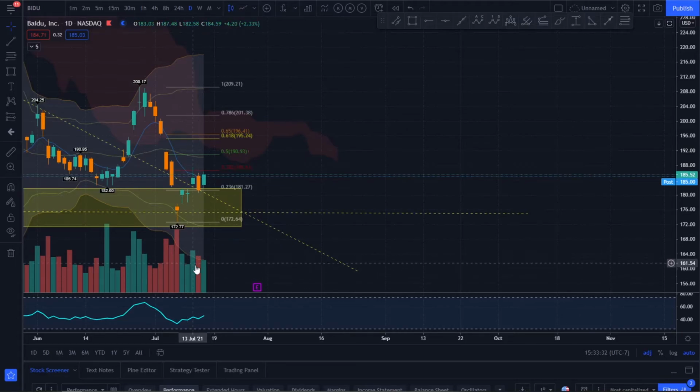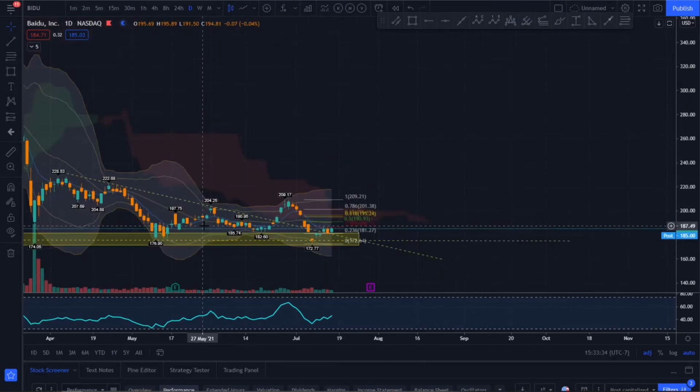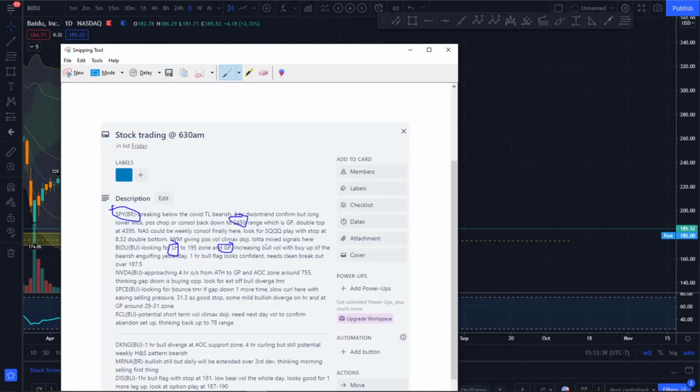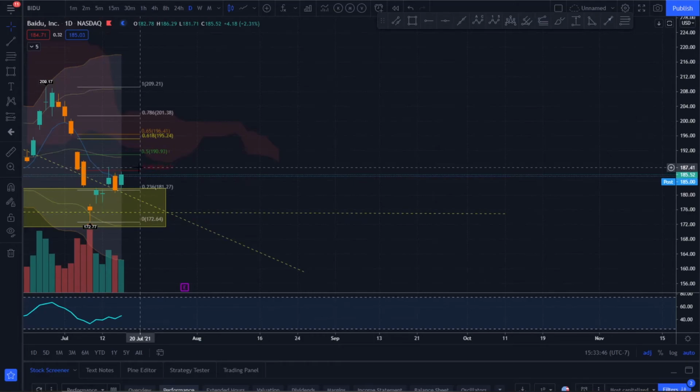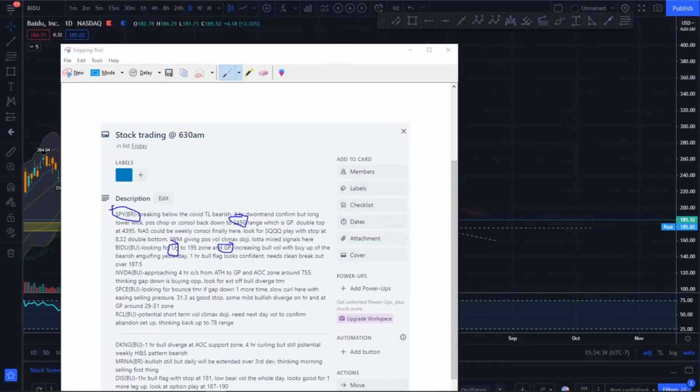And the bull volume was still quite consistent. So I was looking for a possible uptrend continuation, and it needs a clean breakout over 187.50. So 187.50 around this zone here, and that's what I wrote down.